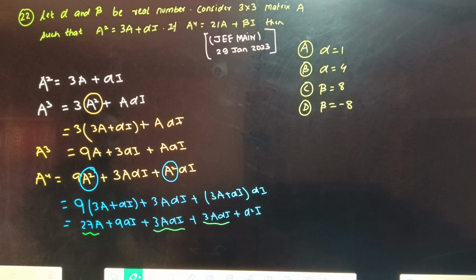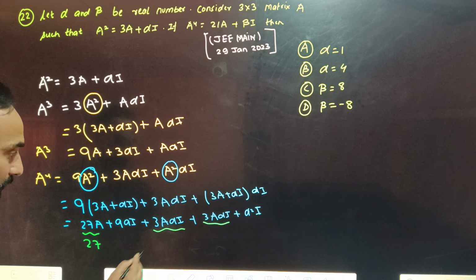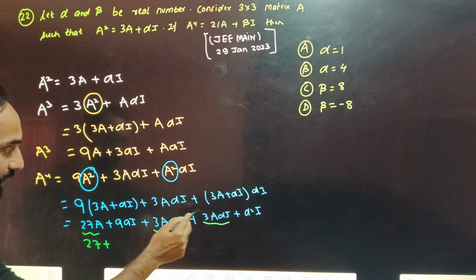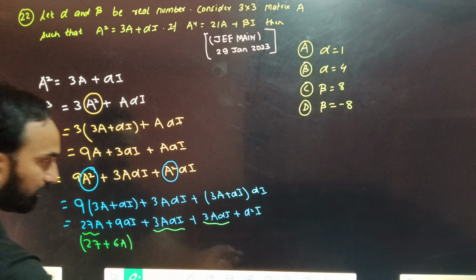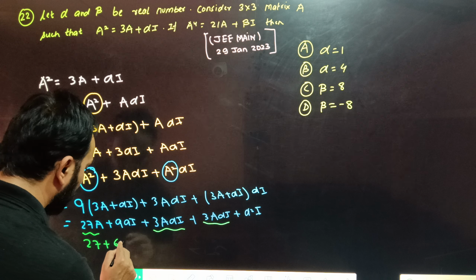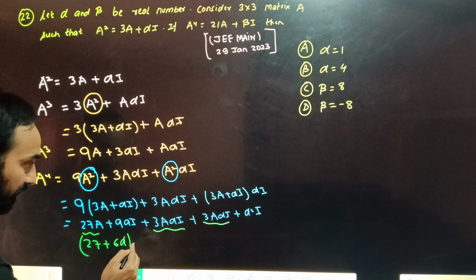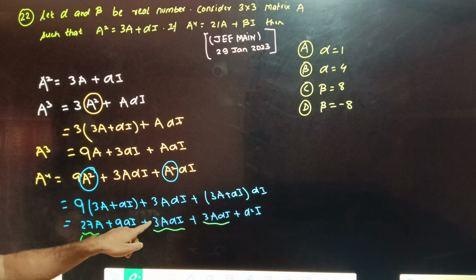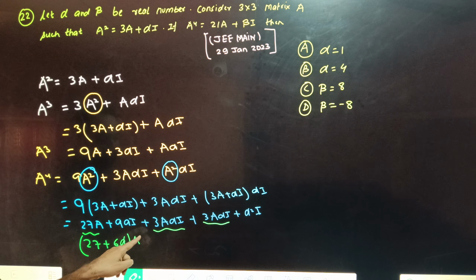So here I can take A as common, and I will be left with 27, and this 3A plus 3A will become 6A alpha, so alpha I will write here, taking A as common from these terms. So from here 27, from here 3 plus 3, this is 6 alpha and A as common.